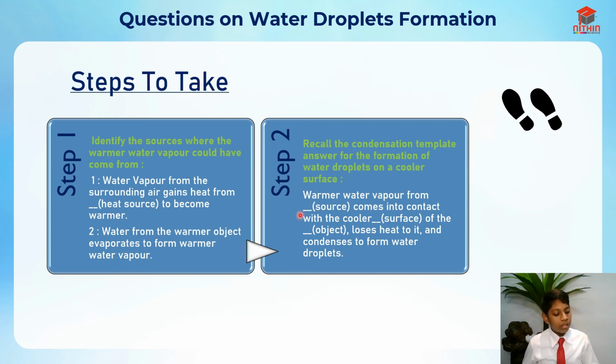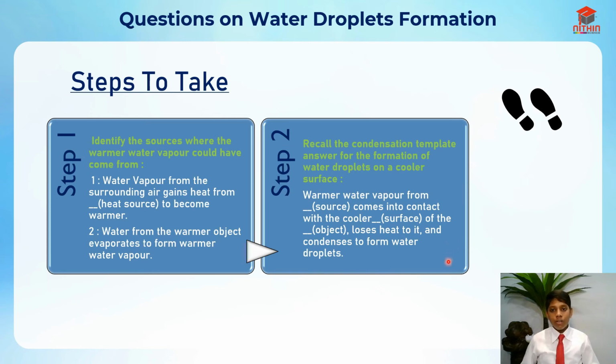All these blanks we need to apply to the type of question. So if we have the source from the surrounding air, it comes into contact with the cooler outer surface of the glass, loses heat to it, and condenses to form water droplets. So you can say something like that.